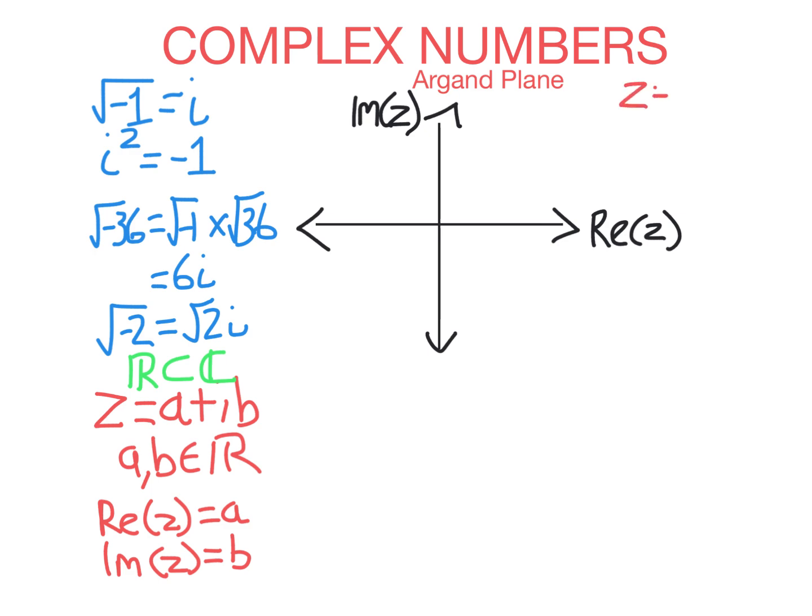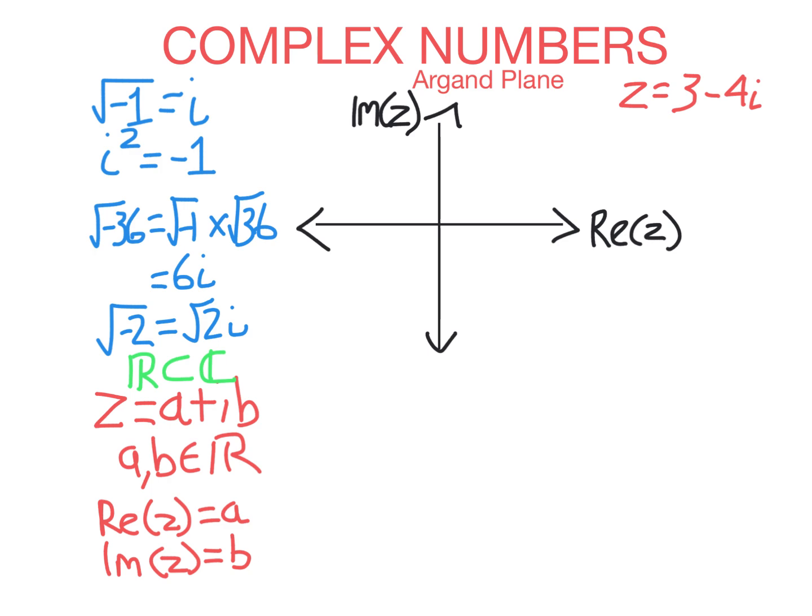So let's say, for example, we have z = 3 - 4i. This is an example of a complex number. So we can plot it in the plane. Now we don't use the same Cartesian plane that we use for vectors. We use the Argand plane. So it has an imaginary axis, that's the vertical axis, and a real axis, that's the horizontal axis.